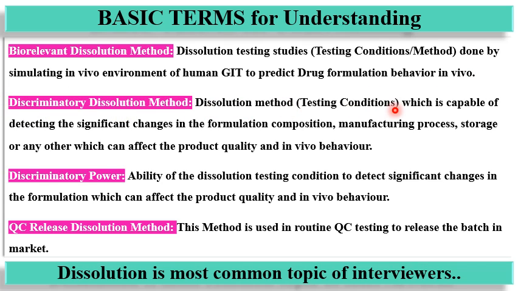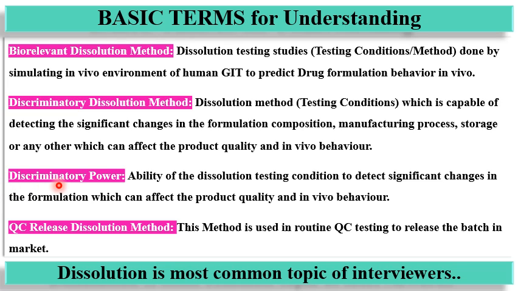Then coming to the discriminatory dissolution method. It is a dissolution method or testing condition which is capable of detecting significant changes in the formulation composition, manufacturing process, storage, or anything else which can affect the product quality and in vivo behavior. So this is the discriminatory method.